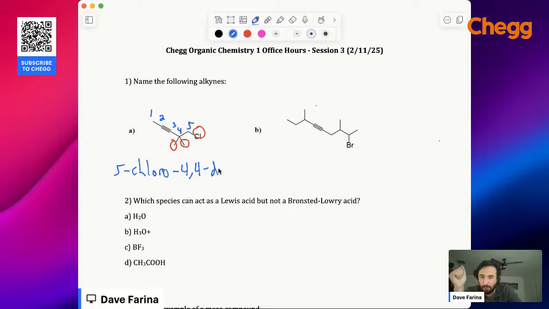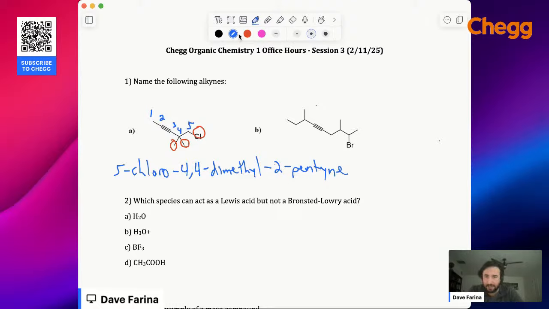So 4,4-dimethyl, and then we have to specify where the triple bond is occurring. We have a pentyne, but the triple bond begins on carbon 2. So we have to say 2-pentyne, okay? So 5-chloro, 4,4-dimethyl, 2-pentyne, because C for chloro, then M for methyl, and then pentyne specifying where the triple bond begins. So that will be that one.